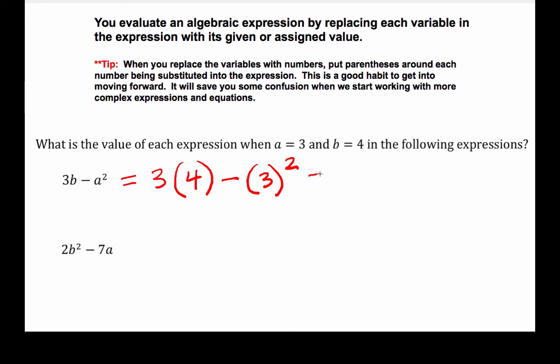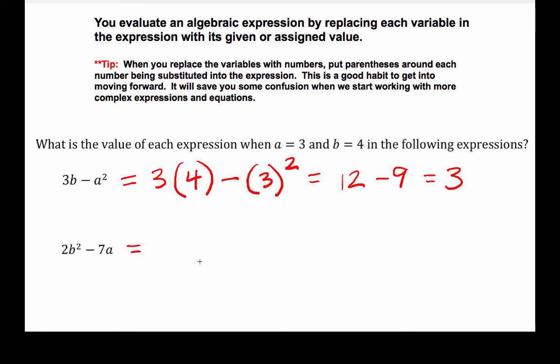Our next step would be to calculate 3 times 4, which is 12. Calculate 3 squared, which is 9. 12 minus 9 is 3. So 3b minus a squared has a value of 3 when a is 3 and when b is 4. If a and b were different values, this expression would evaluate to a different answer.